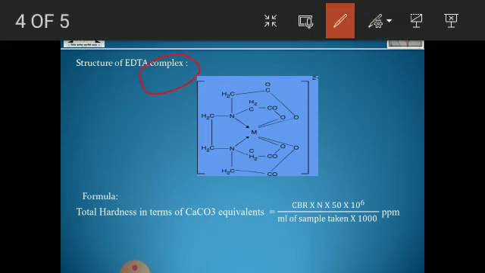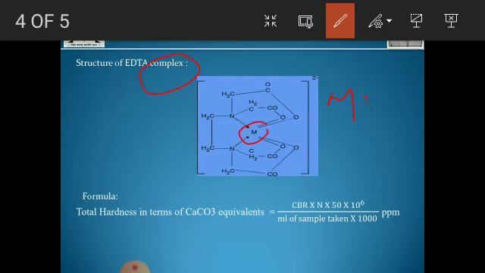Why is it a complex? Because the 4 carboxylic acid groups of the EDTA, by replacing 2 of the hydrogens, form bonds with the metal ion. Which metal ions?